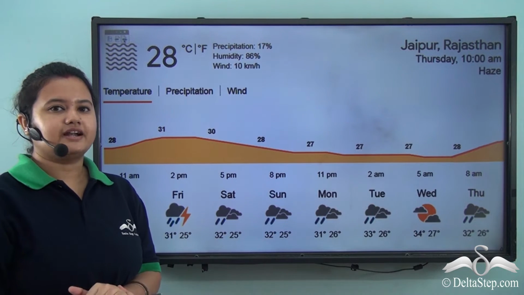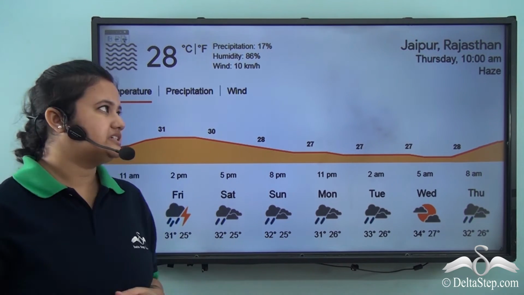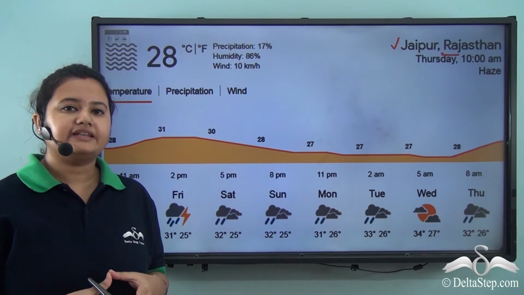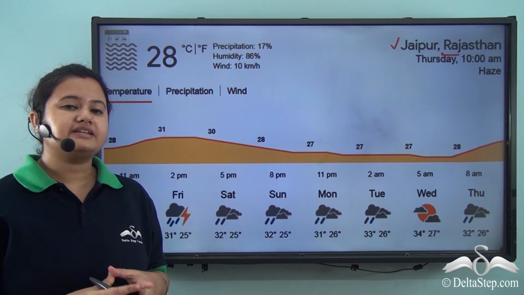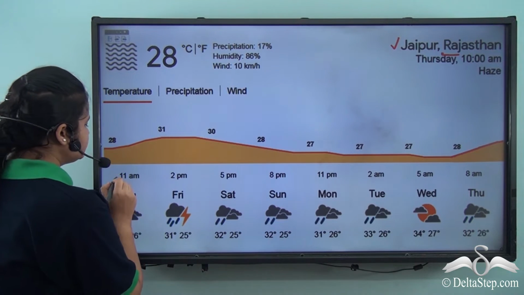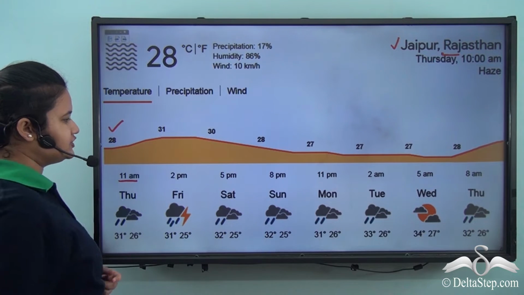Now look at this chart. This chart shows the weather update of the city of Jaipur, which is situated in Rajasthan. From this chart, we can find that the temperature varies at different points of the day. For instance, at 11 am, the temperature is 28 degrees Celsius.